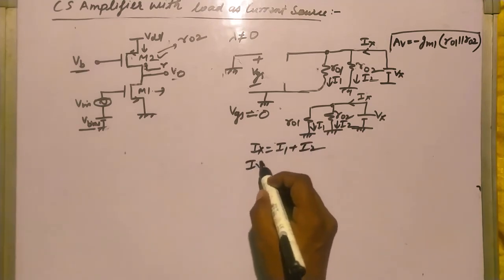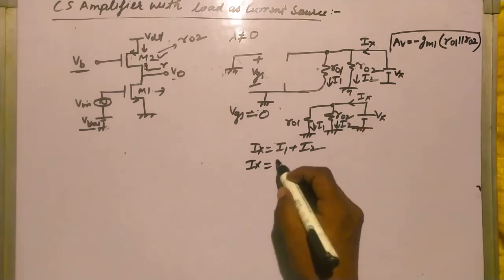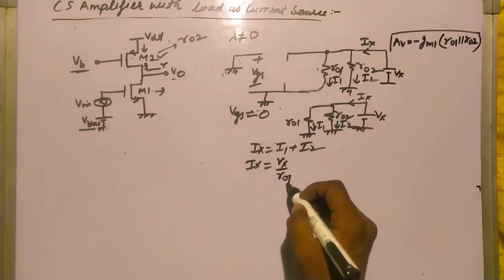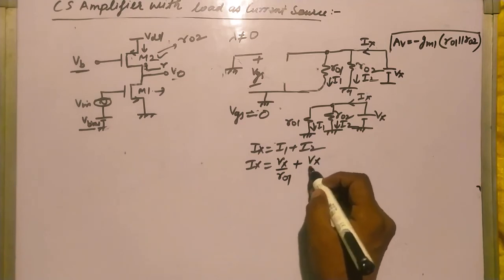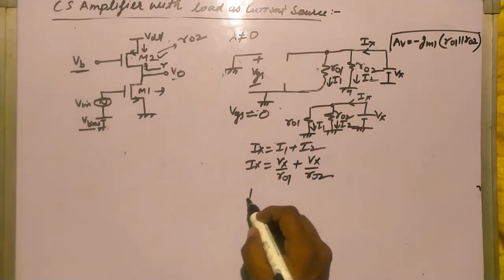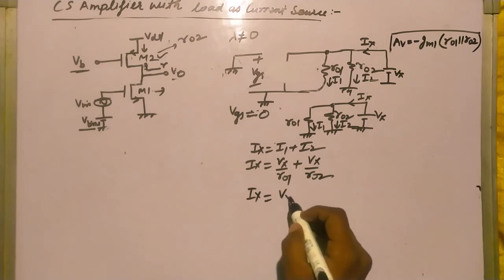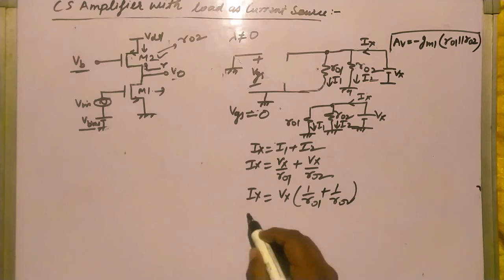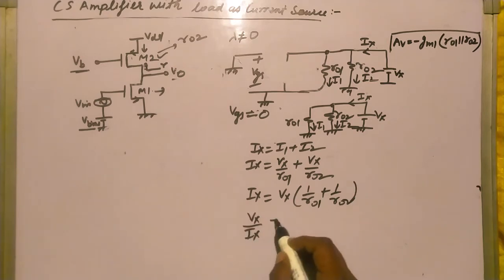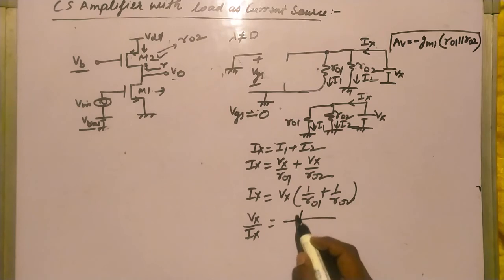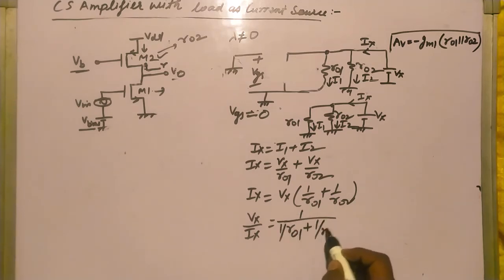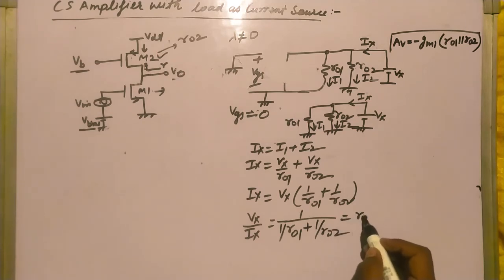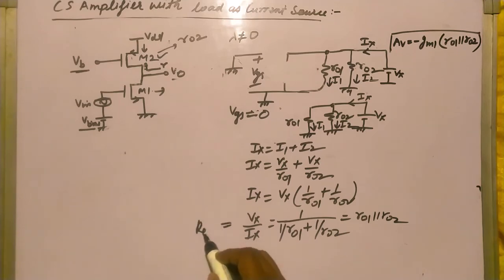I1 is Vx by R01, and I2 is Vx by R02. So Ix equals Vx times 1 by R01 plus 1 by R02. So Vx by Ix is equal to R01 parallel R02. So this is R out.